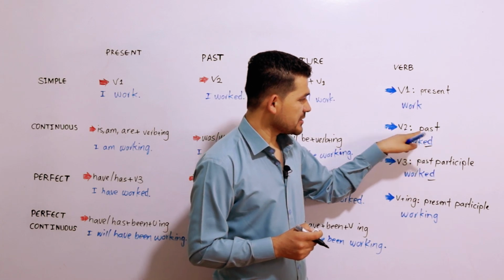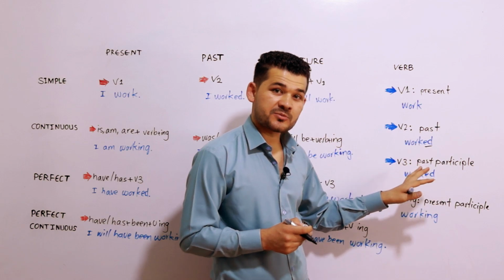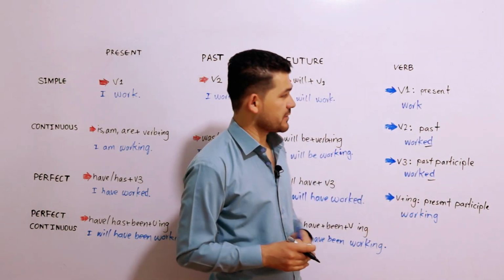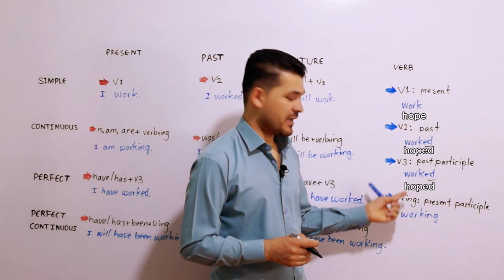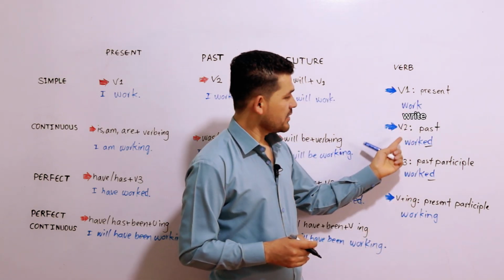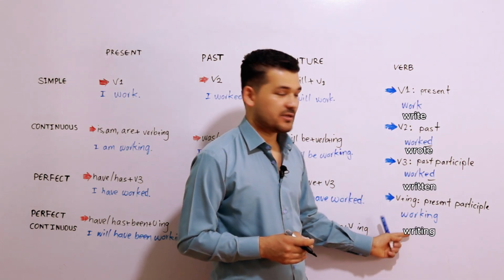So if the verb is a regular verb, both the past and past participle forms are the same. But if they are irregular, they are different. For example, hope, hoped, hoped, and hoping. The next one is write, wrote, written, and writing.